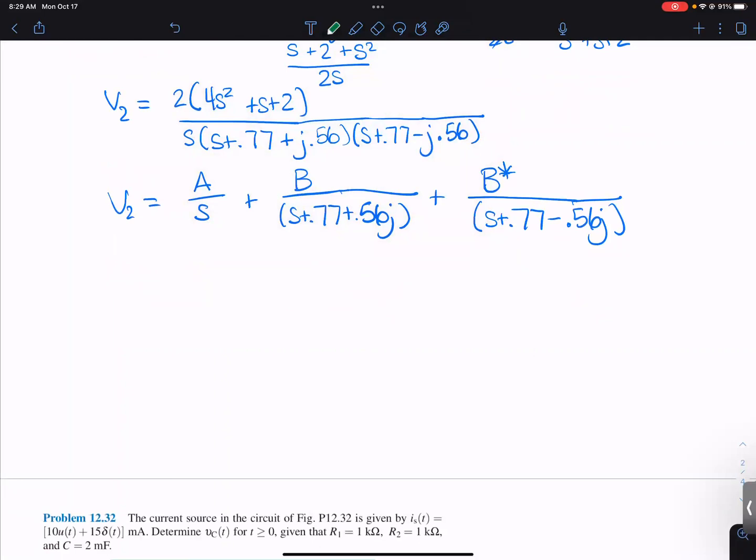Again, another exercise to get A, B and B prime. And this is going to be 4.4 for A, 7 e to the minus 75.15 degrees.